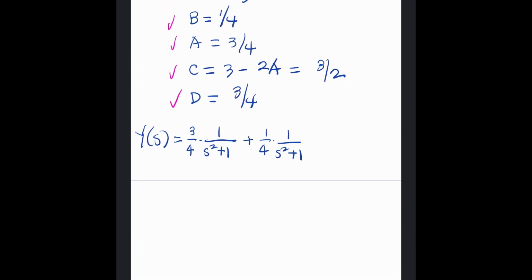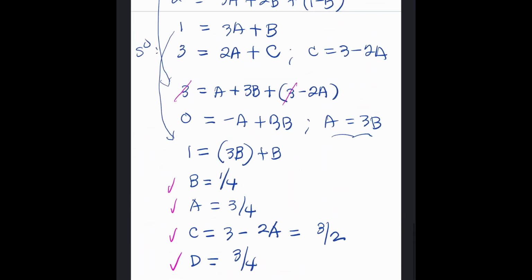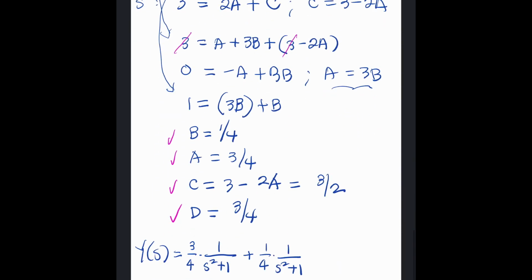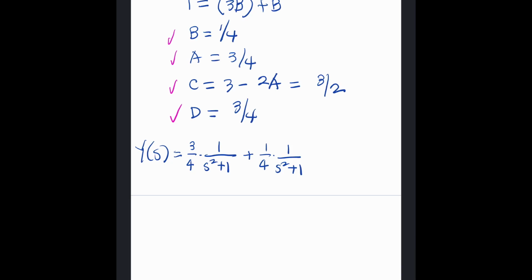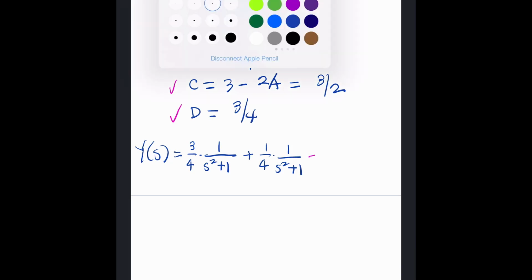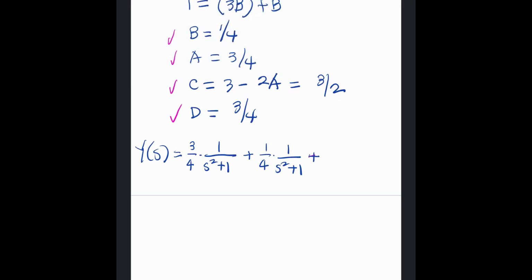Okay, but we just have to redo some things, right? So, by having c, 3 halves, 1 over s squared plus 3s plus 2, plus 3/4 times s over s squared plus 3s plus 2.